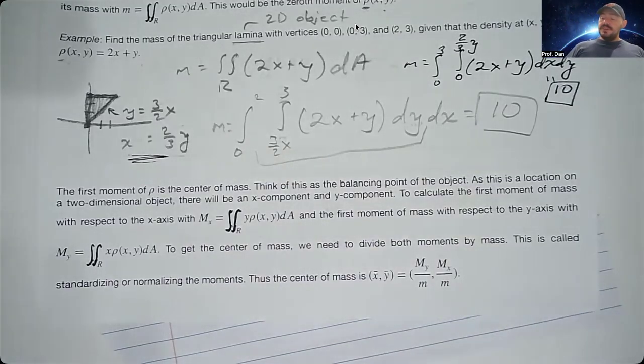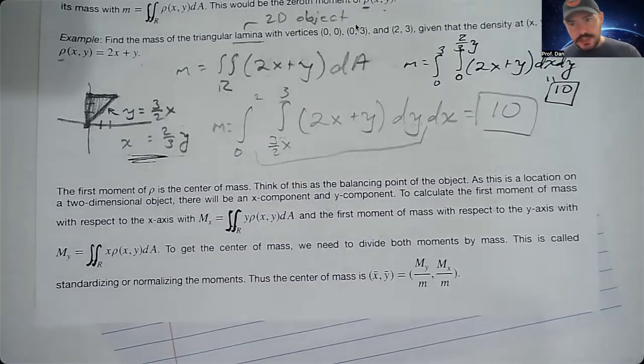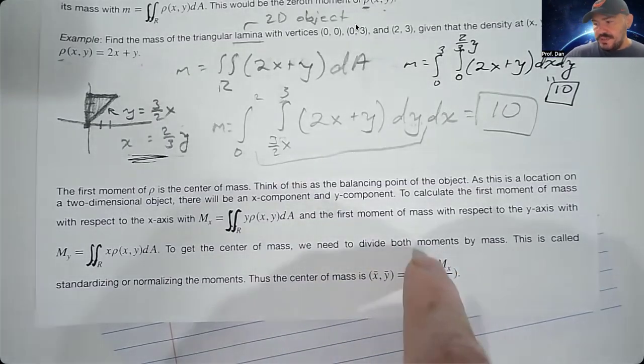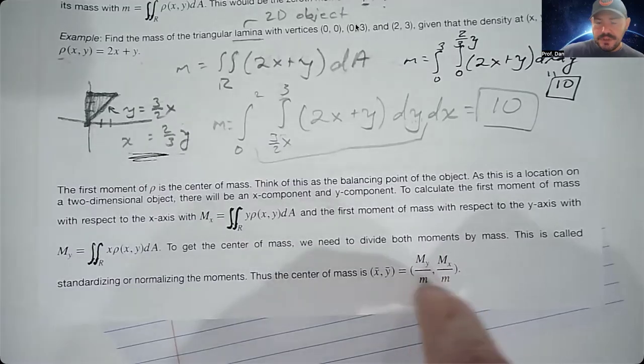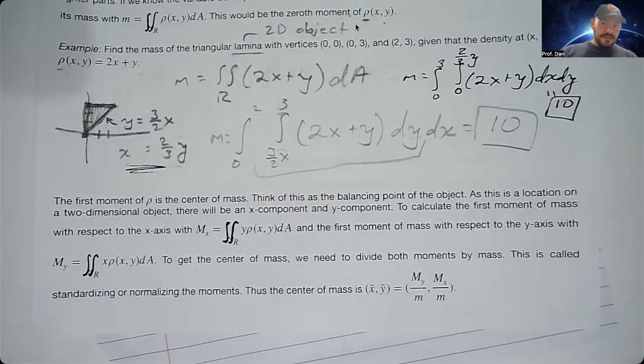But anyway, what we mean by standardizing or normalizing by a factor is basically taking into account the mass or the zeroth moment of your density function. So we would need to divide by the mass or divide each moment by the mass to get the center of mass, right?